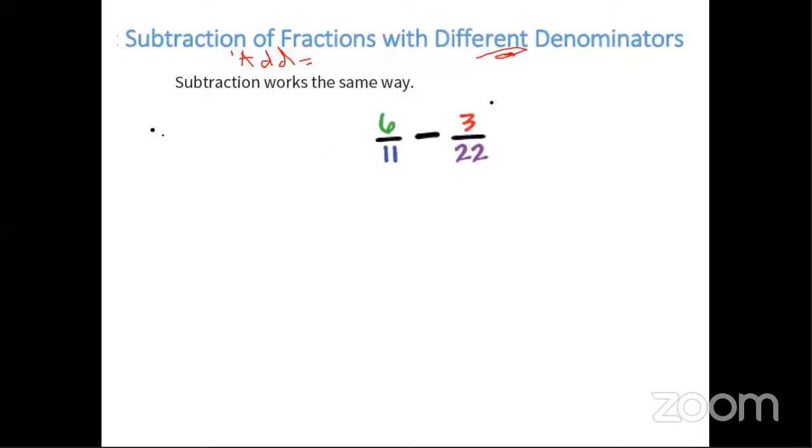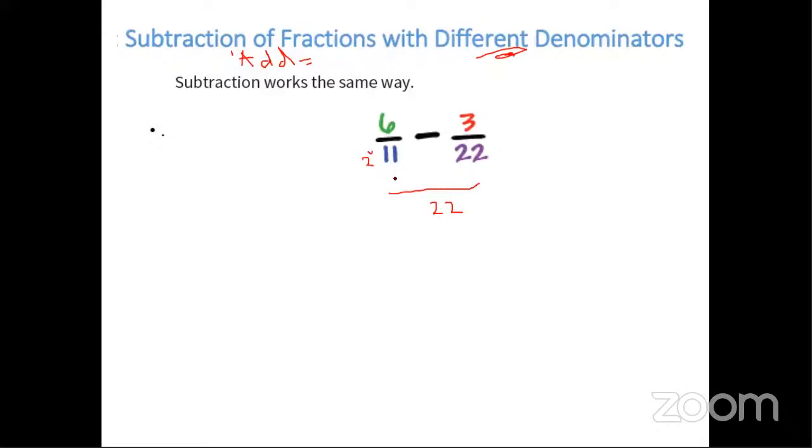Yes, for me, I do it like this. I get the LCM, I take it as 22. Then I say 22 divided by 11, that is 2, then times 6, that is 12.